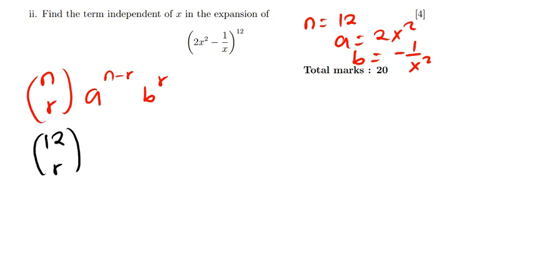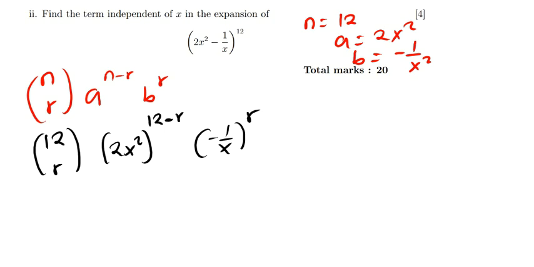a is 2x squared. So I'll put 2x squared to the power n. I know n. n is 12 minus r, which is the one I want to find first. What else? My b in this case is negative 1 over x to the power r. r in this case is the one I don't know.